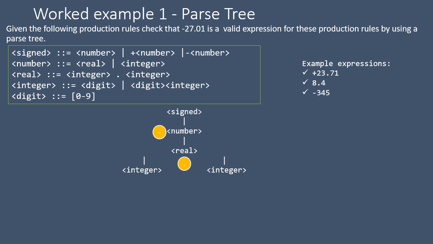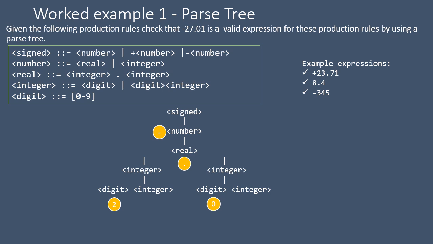Both our integers are made up of digits, of course. So we're going to now go to our integer production rule here, which is made up of a digit and an integer in a recursive fashion. We found our first digit in each case, which is the 2 and the 0.